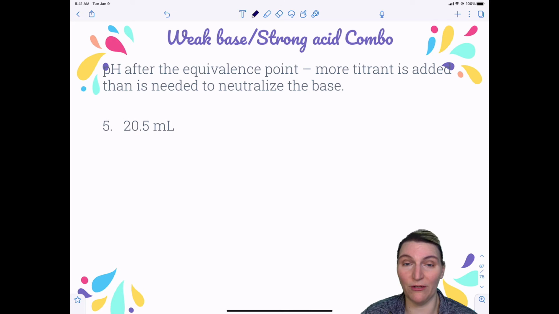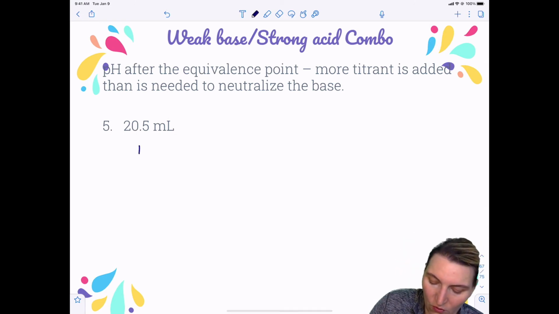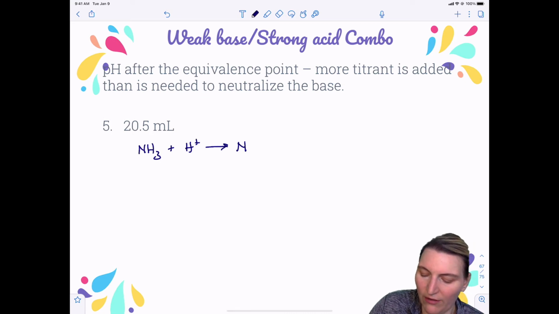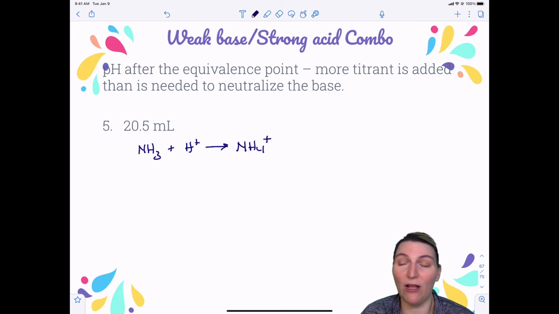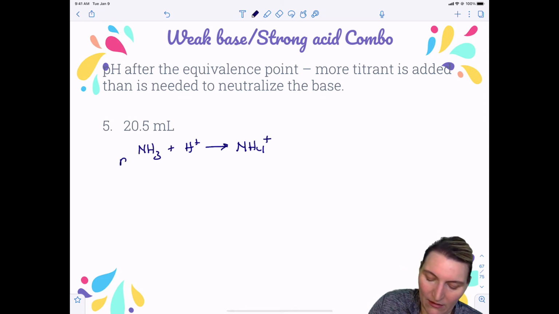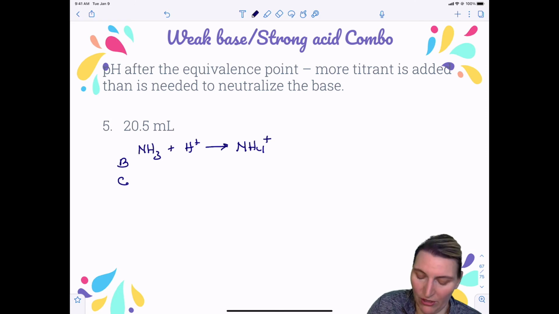So this is now after the equivalence point, which means that we're adding more strong acid than there is weak base to consume. So we just need to figure out how much strong acid I'm going to have left over, and then its new concentration, and then negative log of that. So what is happening is the ammonia and that strong acid are going to react. They're going to make the ammonium ion, but what that is contributing to the pH is so insignificant we can just disregard it.